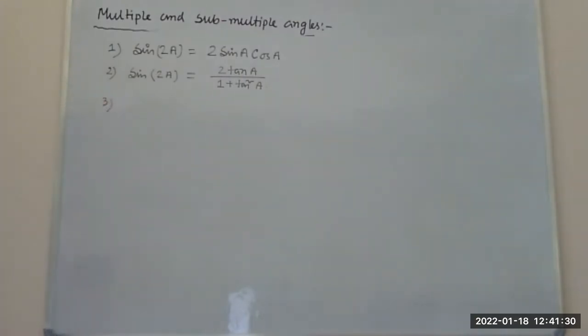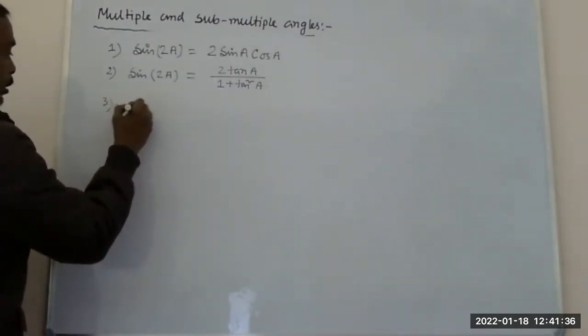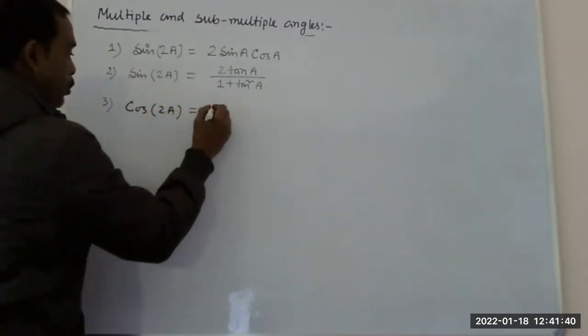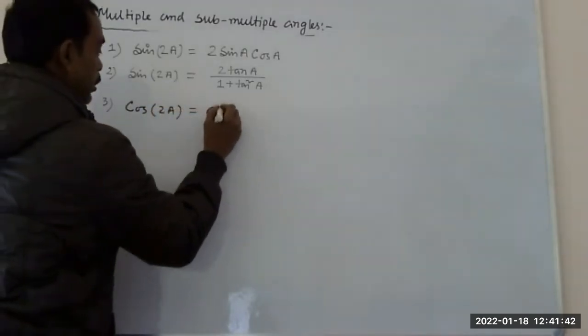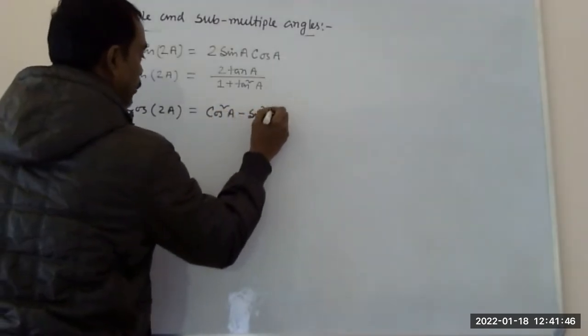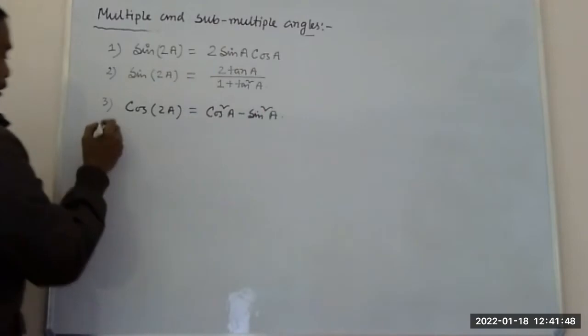Number three, the basic formula of cos 2a is cos square a minus sin square a.